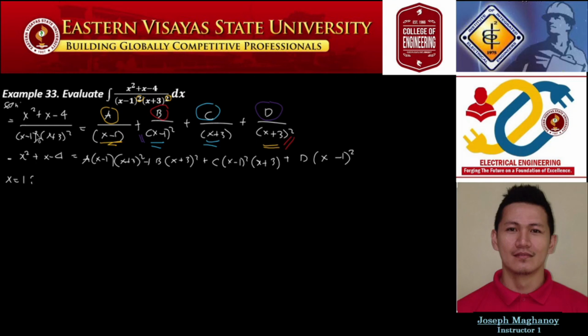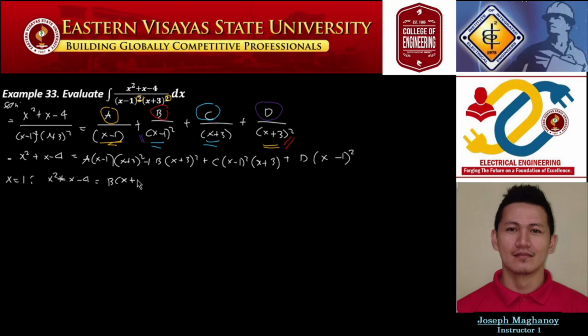So x minus 1 squared. So start with b. If you observe, if we use this x squared plus x minus 4 is equal to b.